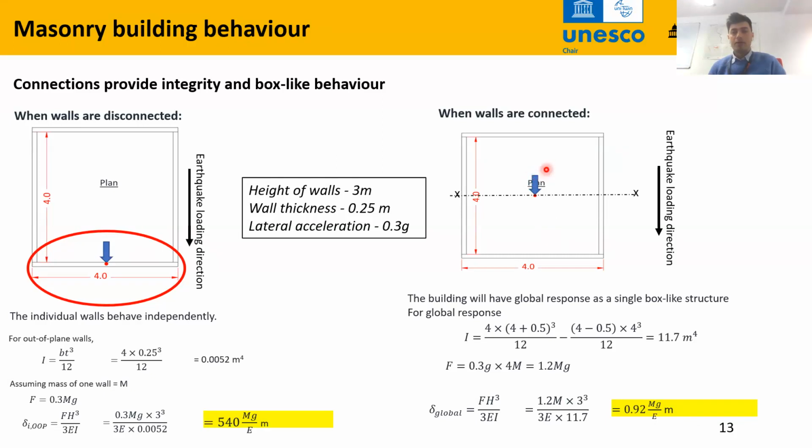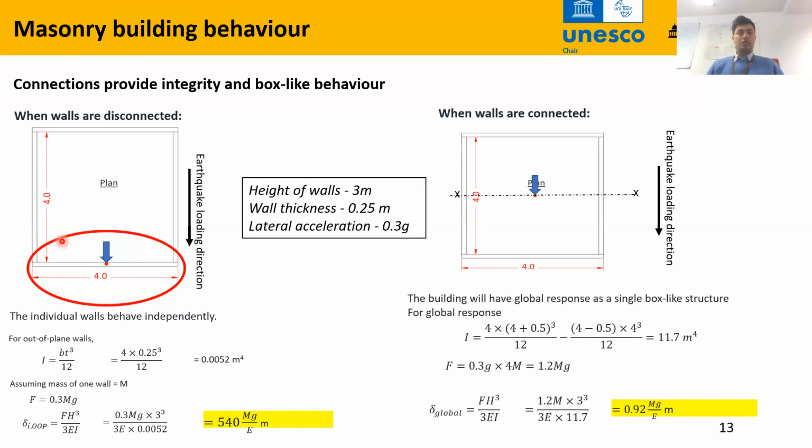But when we have the box-like response, all the walls properly connected, then this acts as a single unit. Then the deflection of this system is only 0.92 compared to 540 of the out-of-plane walls acting independently.